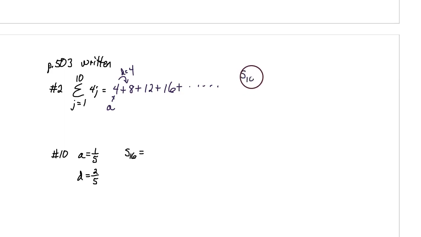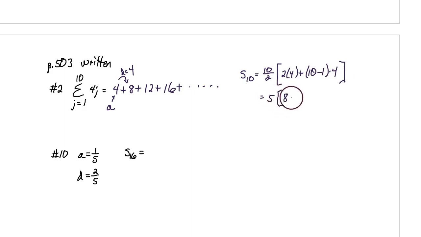To sum 10 terms, you go 10 divided by 2 times 2 times the first term plus 10 minus 1 times d. This makes 5 times 8 plus 36. And then take a calculator and type that in. The result is 220.